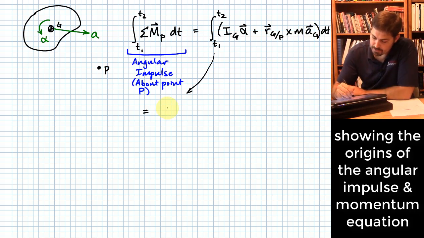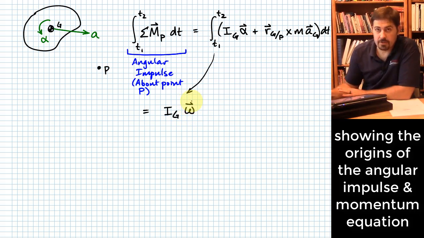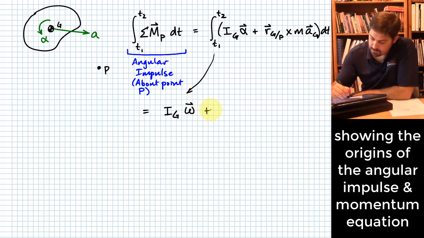You have the moment of inertia around g times omega, because when you take the time integral of angular acceleration, you get angular velocity. For this other part, we get r of g relative to p crossed into the mass times the velocity of the center of gravity.